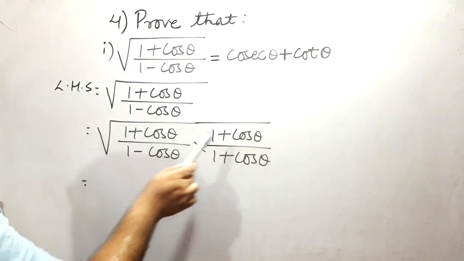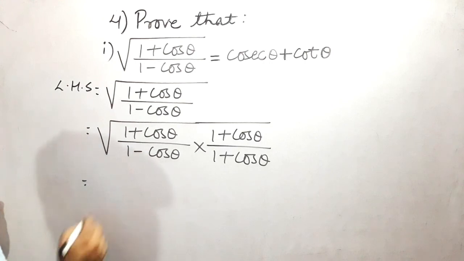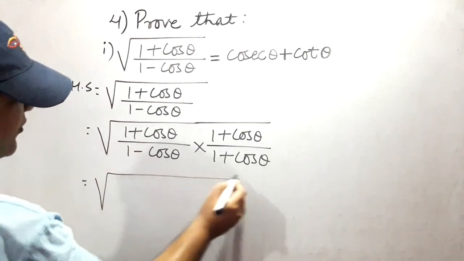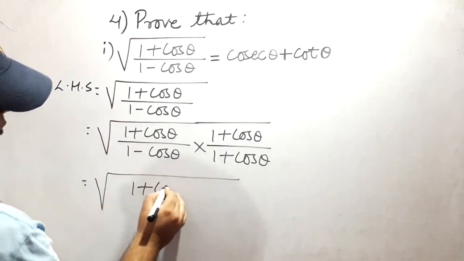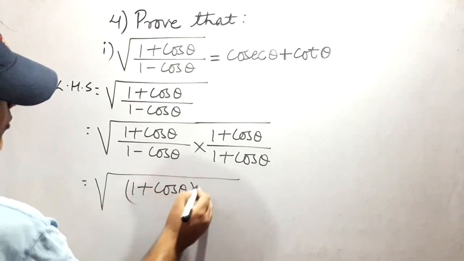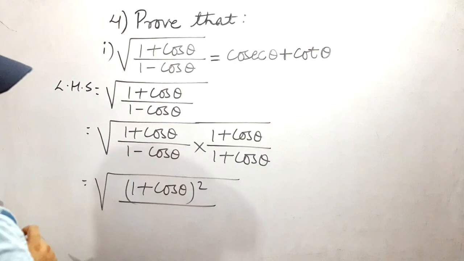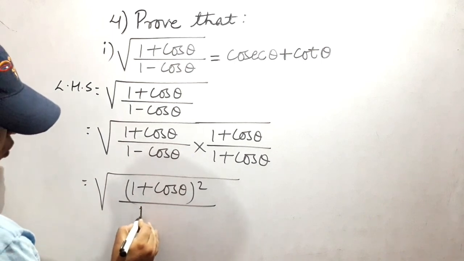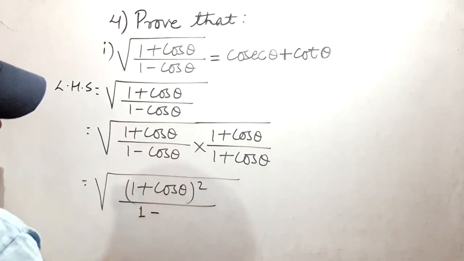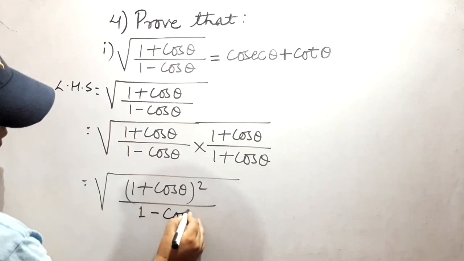So 1 plus cos theta into 1 plus cos theta, (1 plus cos theta) whole square. By a plus b into a minus b, a square minus b square, that is 1 square minus cos square theta.